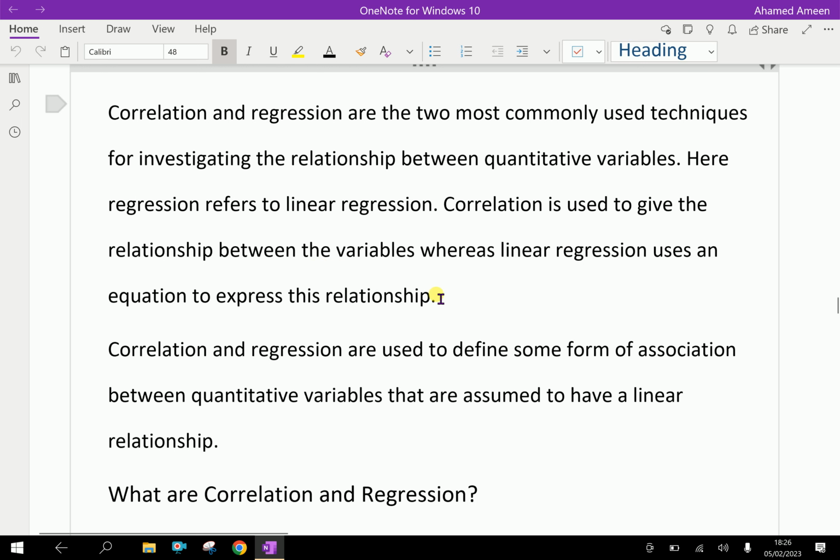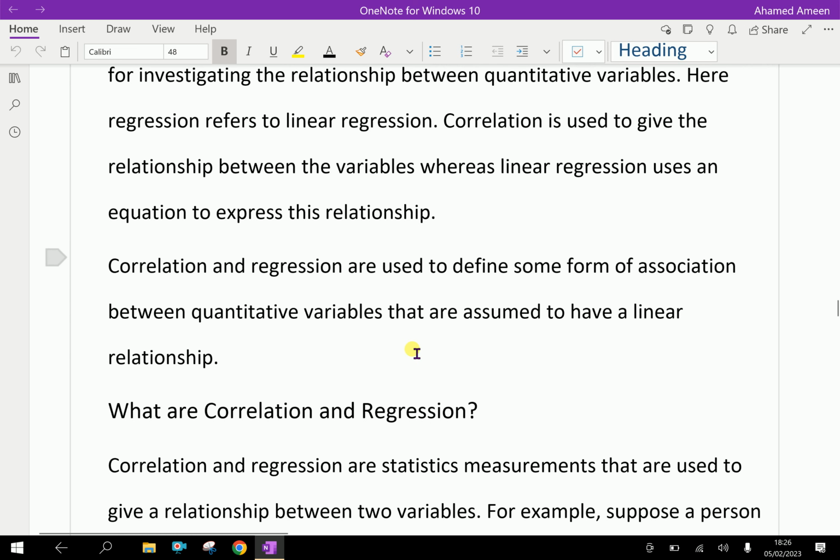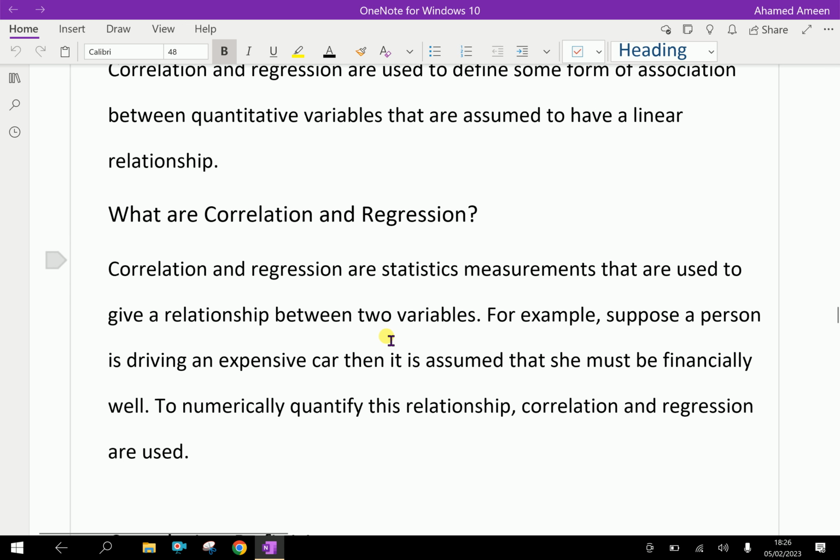Correlation is used to give the relationship between the variables, whereas linear regression uses an equation to express this relationship. Both are used to define some form of association between quantitative variables that are assumed to have a linear relationship.